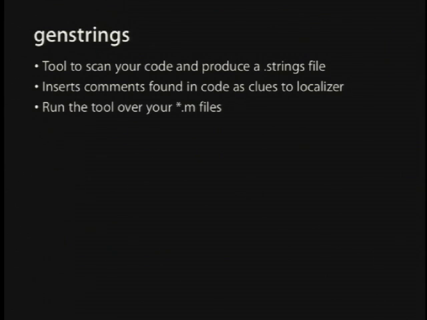And then after you're done, you can run genstrings to get that whole strings file and pass that off to be localized. It inserts those comments that you saw in the NSLocalizedString method into the strings file as a hint to your localizers, so they know what it is that all the strings are going to be used for. And you run the tool over all your .m files, and it grabs all your strings out and puts them in one place so that they can all be localized at once.